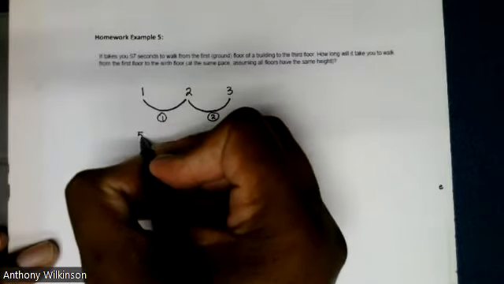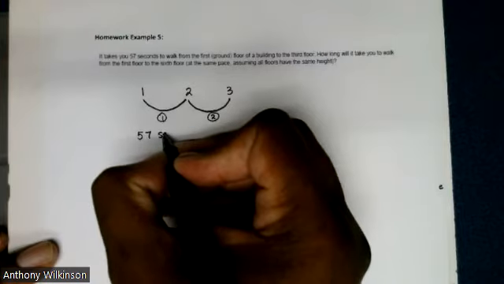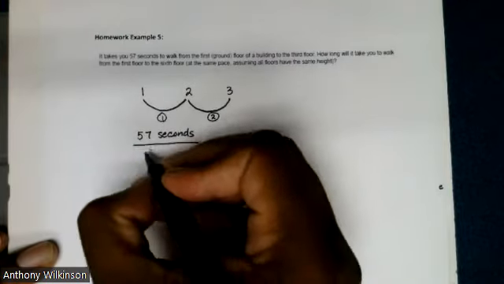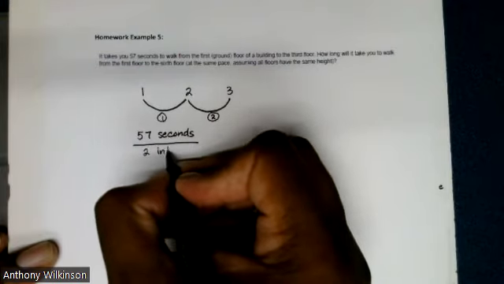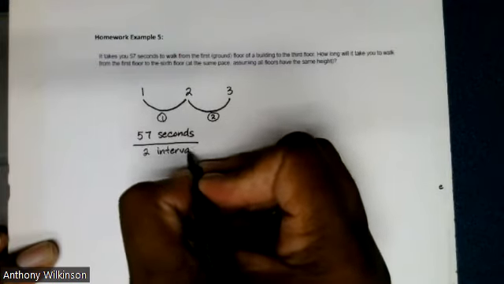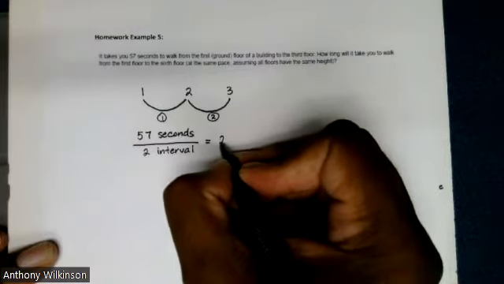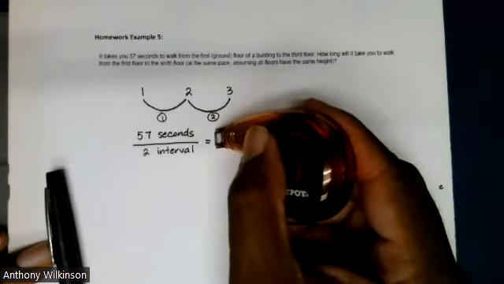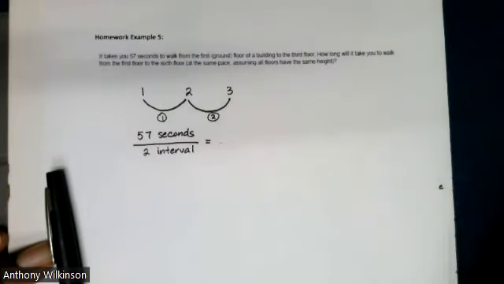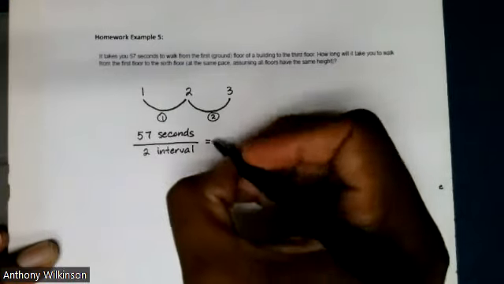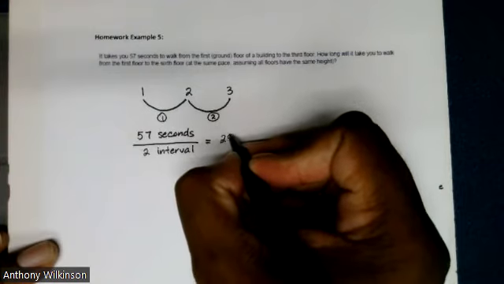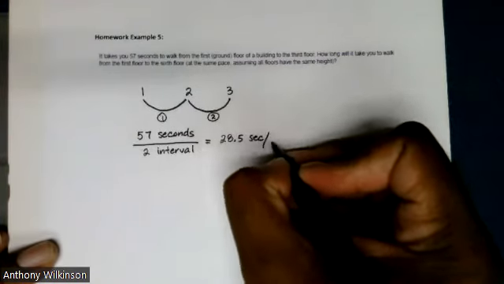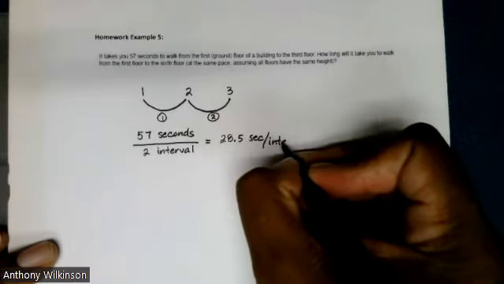So here, if I do 57 seconds divided by the two intervals that you see, as a decimal, that would be 28.5 seconds per interval.